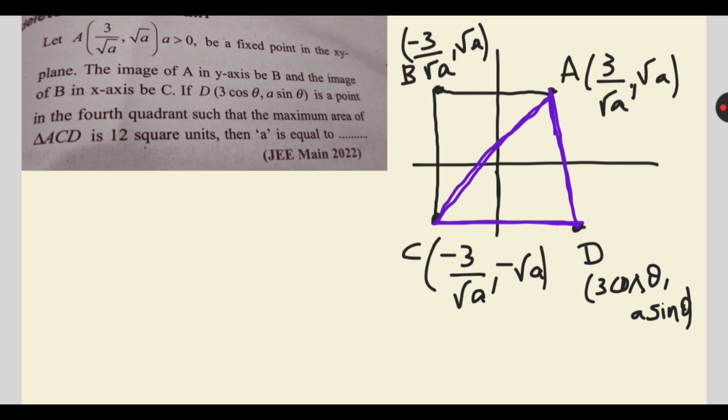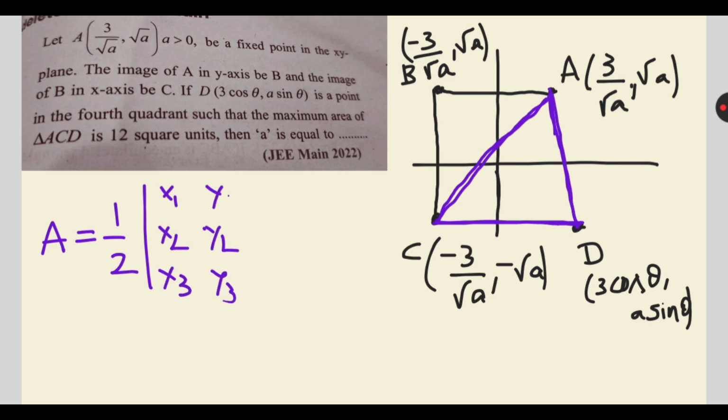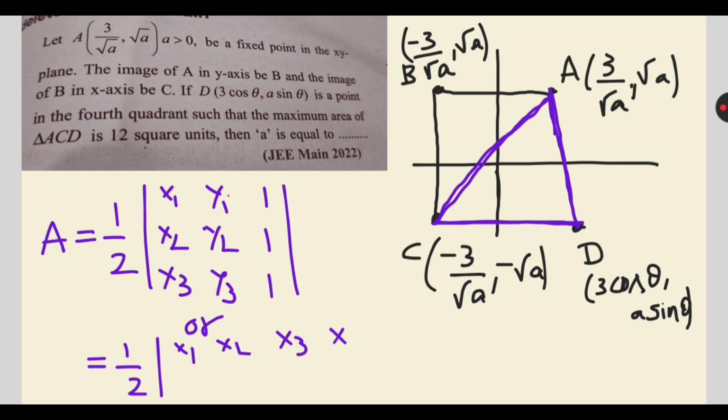To find the area of any triangle, what is the formula? Half into the determinant of x1 y1, x2 y2, x3 y3, and last you write 1 1 1. This is the formula. Either you use this one or you can use another simple one, which is half into x1 x2 x3 x1 over y1 y2 y3 y1. I'm going to use this formula.